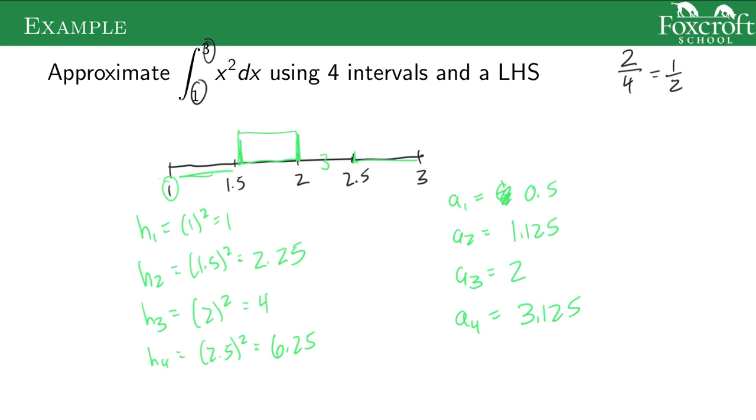All right, I add all this together. We'll just add it together. 0.75. All right, so that's my estimate of this left-hand sum.